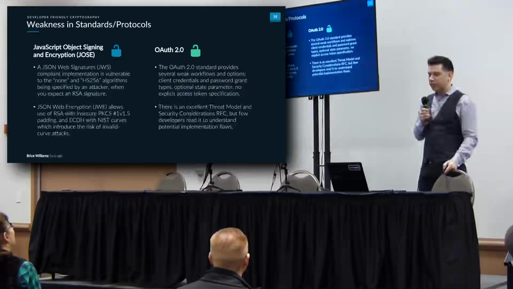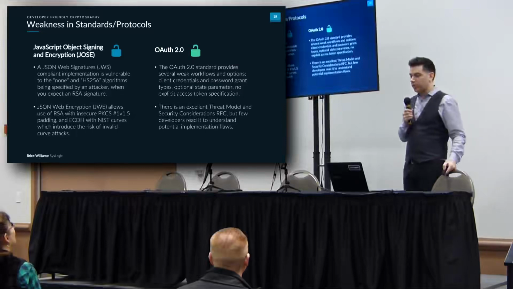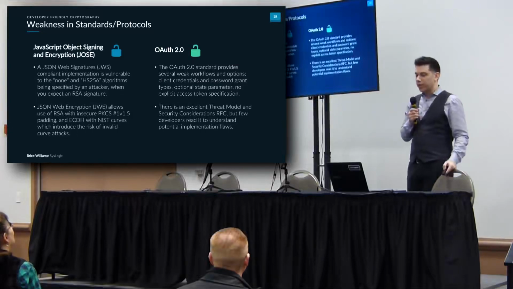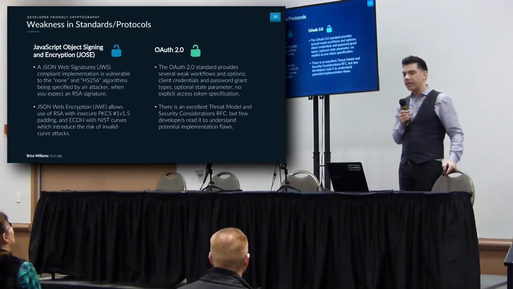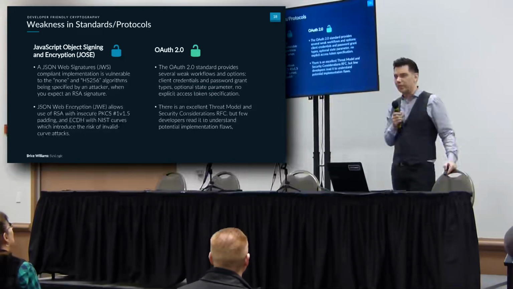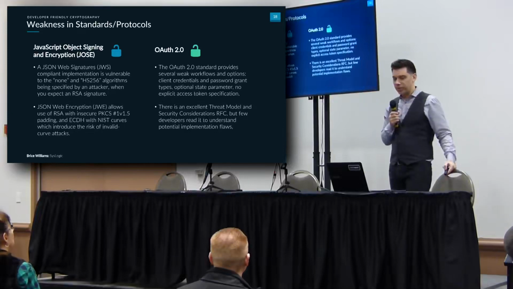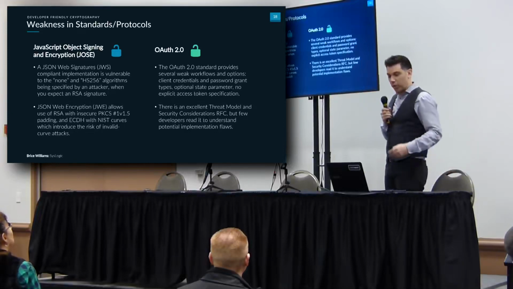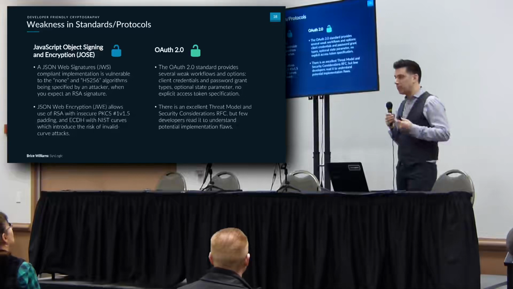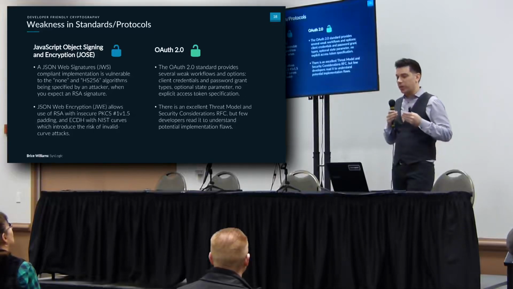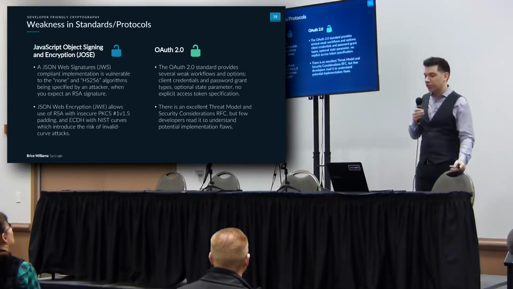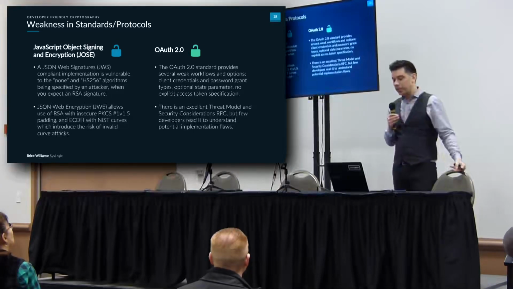We also have weaknesses in standards and protocols. Many of you may have worked with the JavaScript Object Signing and Encryption standard suite. It's a suite of standards, things like JSON Web Signatures, JWS, which even if you have a compliant implementation, meaning it meets the standard correctly, is vulnerable to passing in the none or HS256 algorithms.